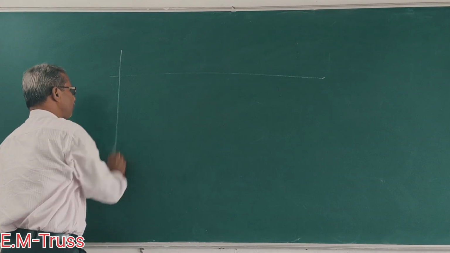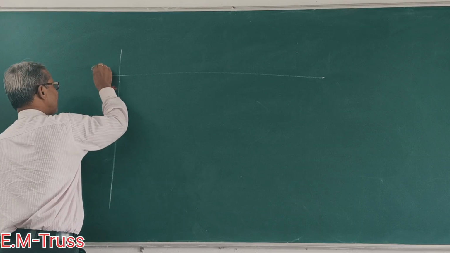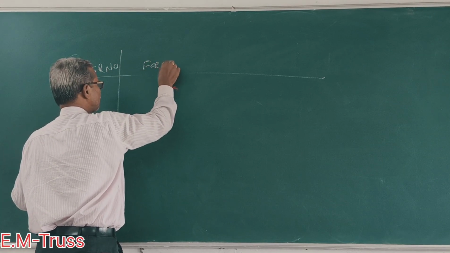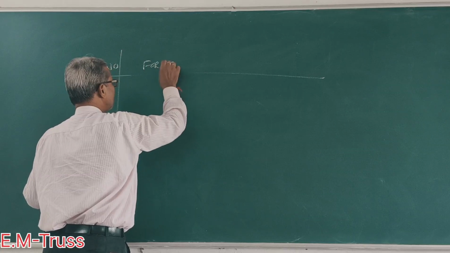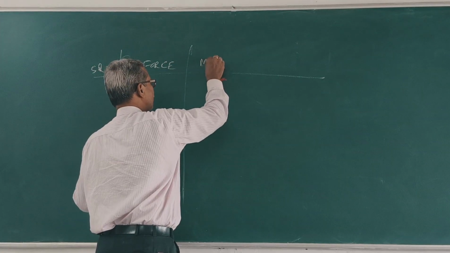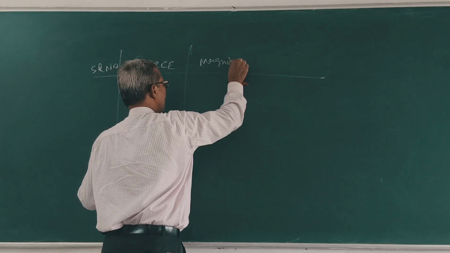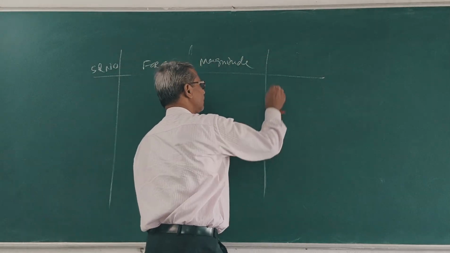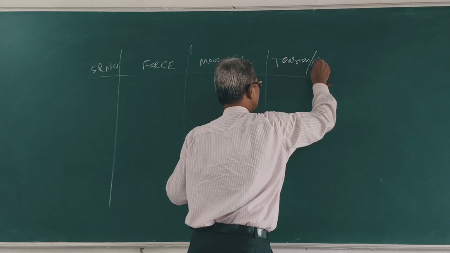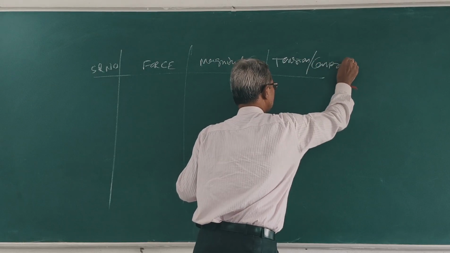Clear? This table: serial number, force, magnitude, tension or compression. Clear?